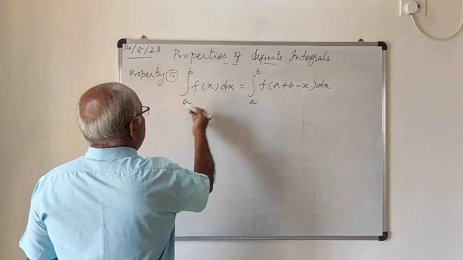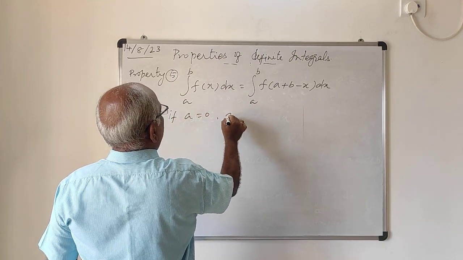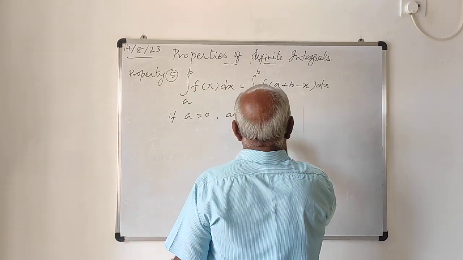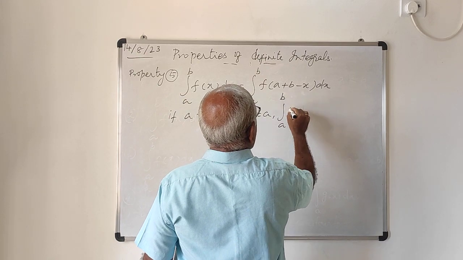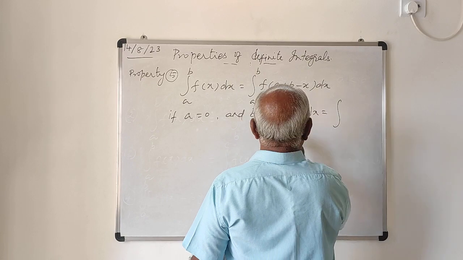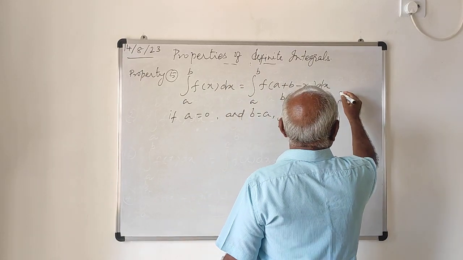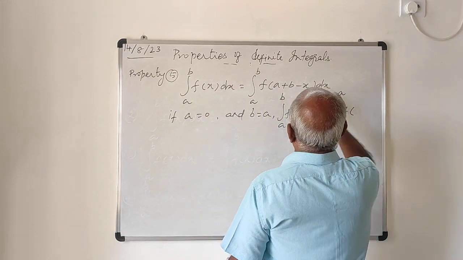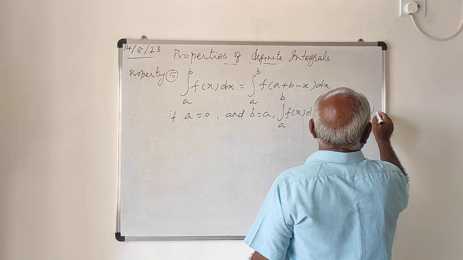Next, suppose in this property a equals 0 and b equals a, what do you get in this case? Integral a to b f of x dx is equal to integral 0 to a, with a as 0 and b as a, f of (a minus x) dx.